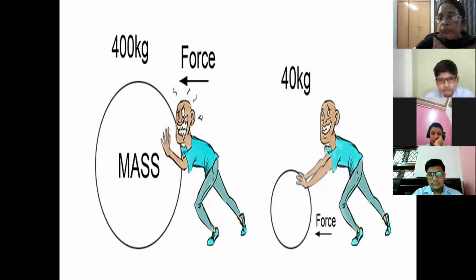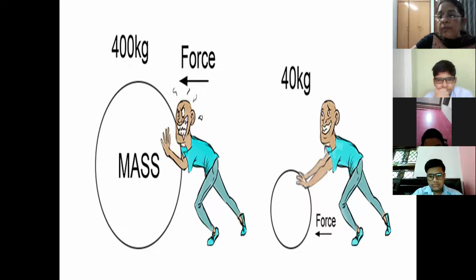This is next: how a ball of different masses is being pushed by two different persons. The ball having a mass of 400 kg, he has to apply more force to accelerate it, to move it.